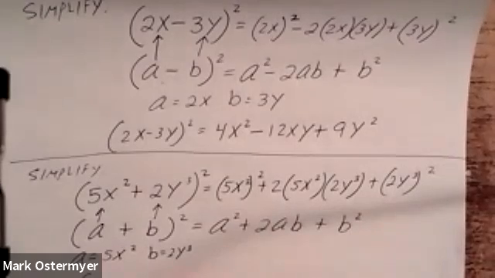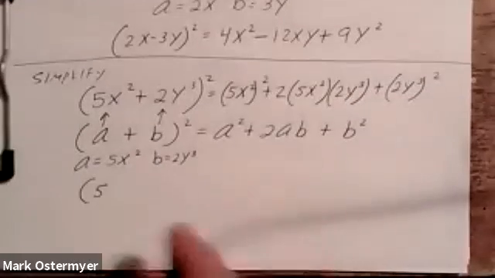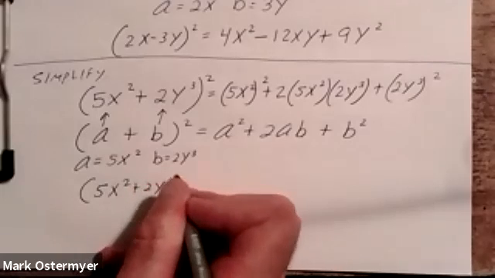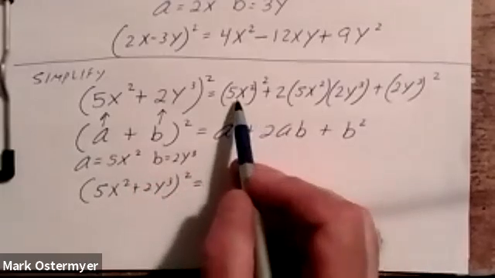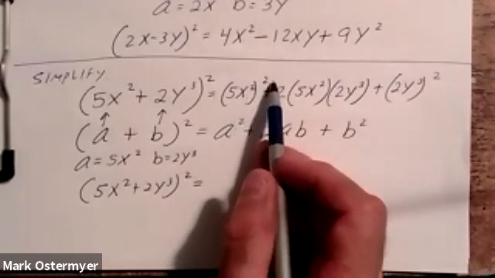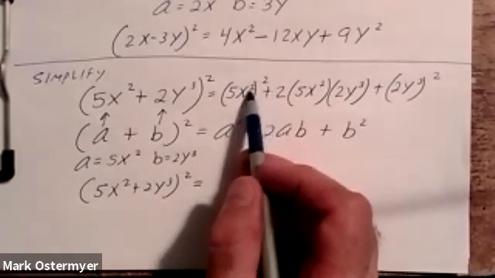All right, so what are we going to get when we simplify this now? Well, what's 5x squared squared? What's 5 squared? 25, and x squared squared is x to the 2 times 2 power, x to the 4th power.